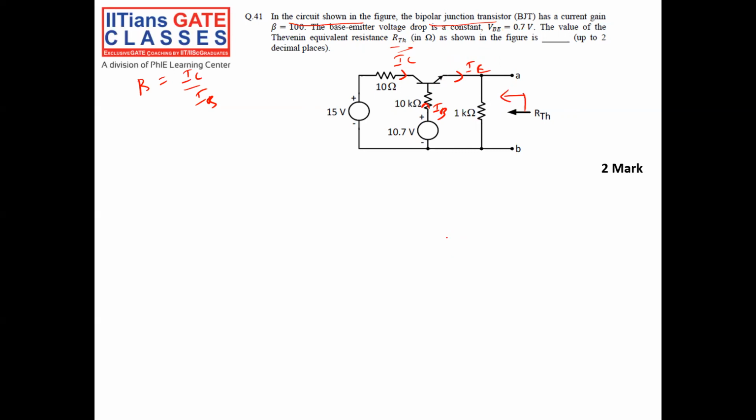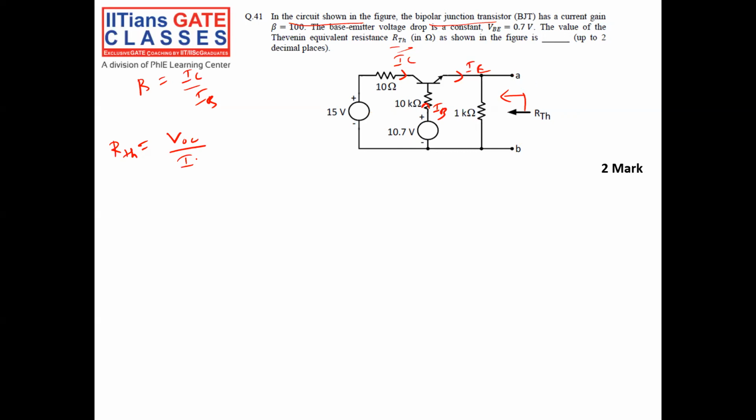We know the Thevenin equivalent resistance is obtained from my open circuit voltage, across whichever terminal I have to see. AB is already open, so across this I have to calculate the open circuit voltage.